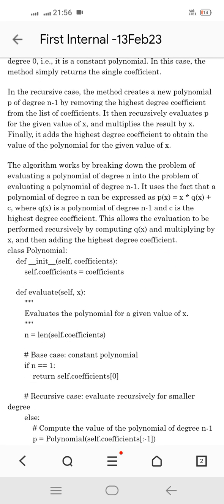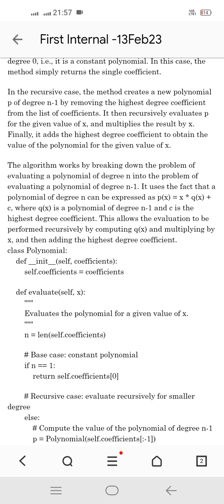The algorithm works by breaking down the problem of evaluating a polynomial of degree n into the problem of evaluating a polynomial of degree n minus 1. It uses the fact that a polynomial of degree n can be expressed as p of x is equal to x into q of x plus c, where q of x is a polynomial of degree n minus 1 and c is the highest degree coefficient.